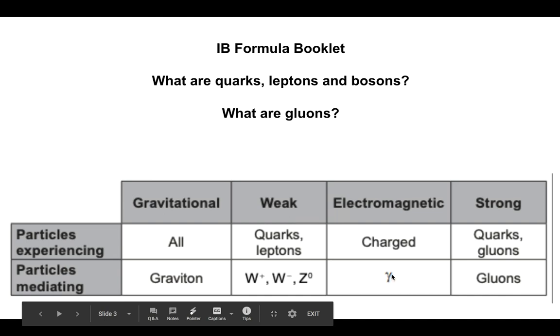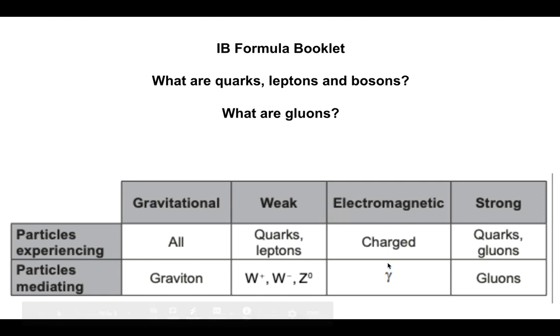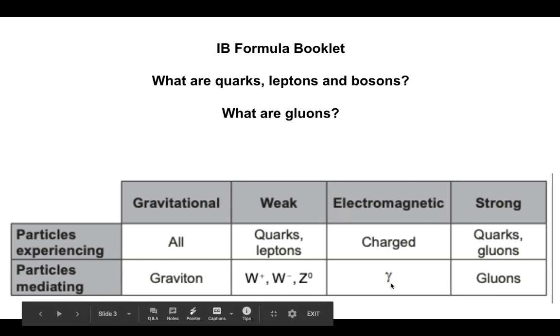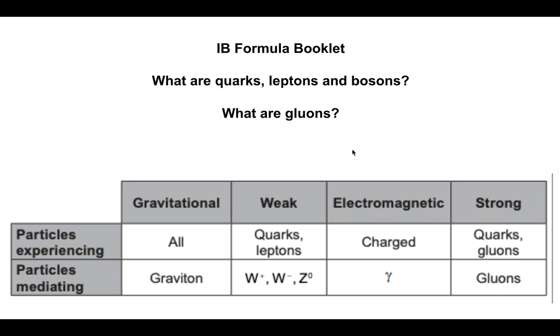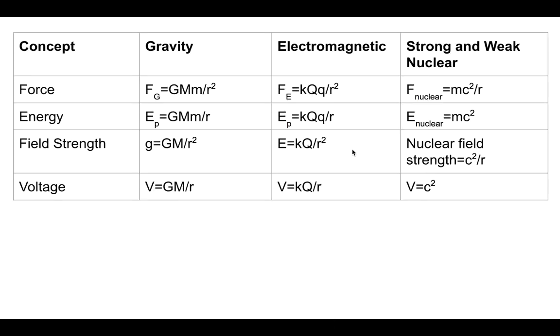This symbol represents light, or waves. So basically, whatever produces the electromagnetic forces are electromagnetic waves, and we'll talk more about that later. And then gluons emit the strong nuclear forces. We're going to talk more about gluons in a bit here, but we'll come back to that.